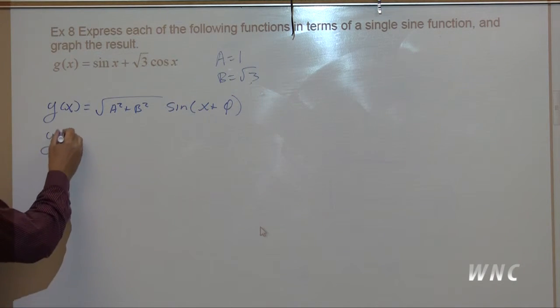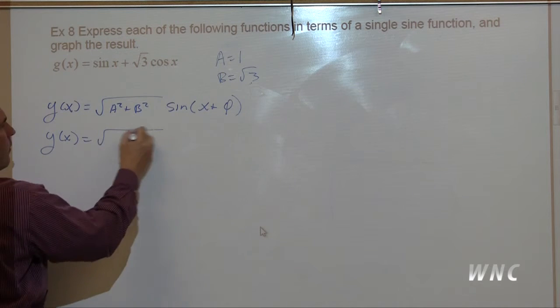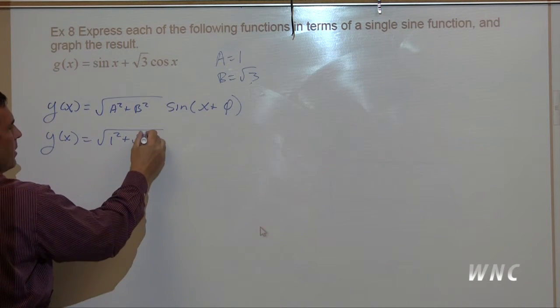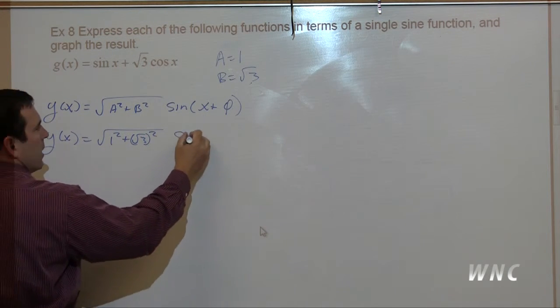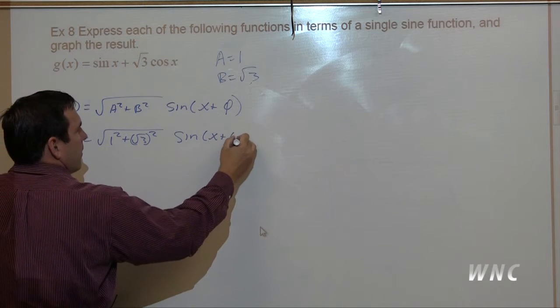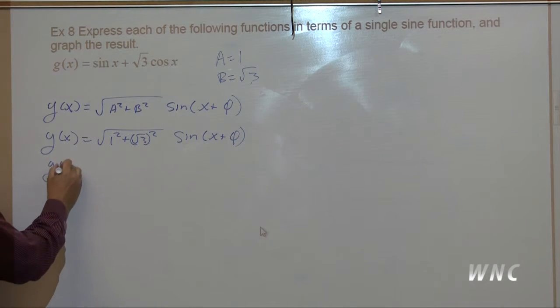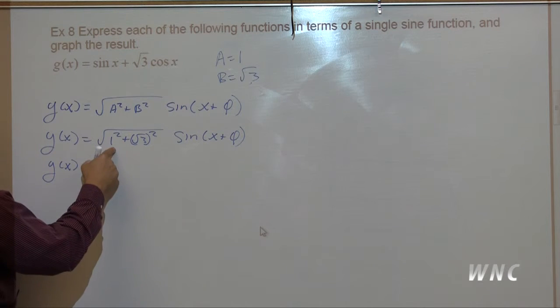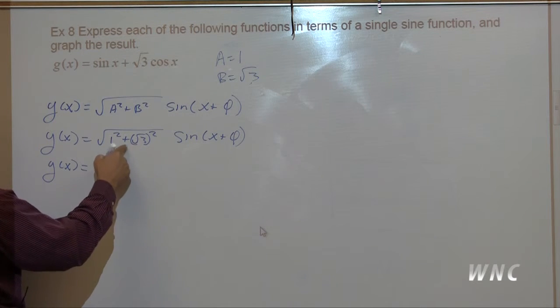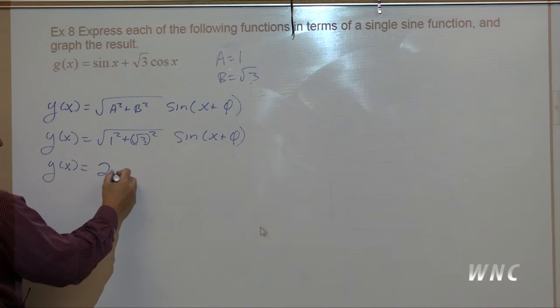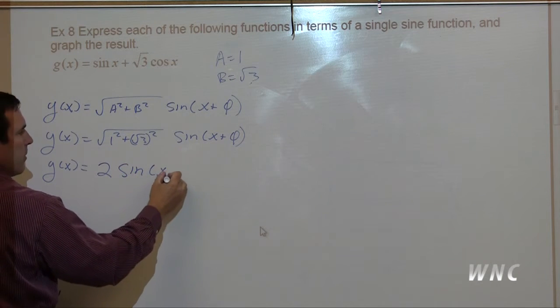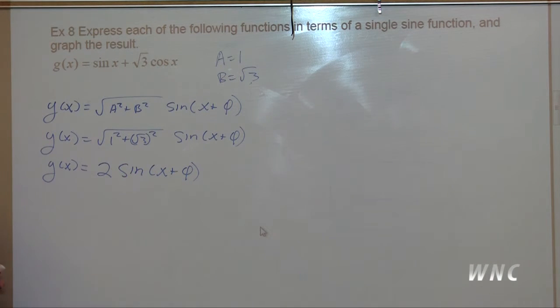So right off we know it's going to be the square root of 1 squared plus square root of 3 squared sine of x plus phi. So g of x would be 1 squared is 1, square root of 3 squared is 3, 1 plus 3 is 4, square root of 4 is 2 times sine of x plus phi. So what's phi?